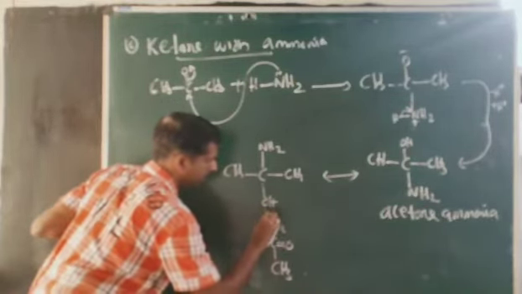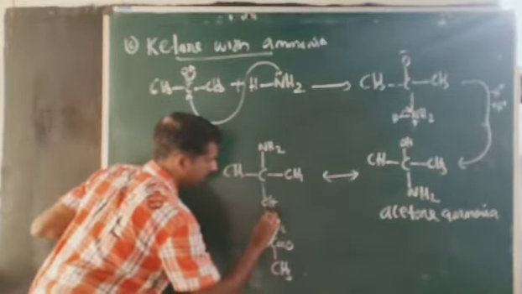If you take acetaldehyde, CH3, C double bond OH, plus NH2OH, H2O is eliminated in the presence of mineral acid, H plus, and we get CH3, CH double bond NOH. So what is this one? Generally aldoxime, this is acetaldoxime.